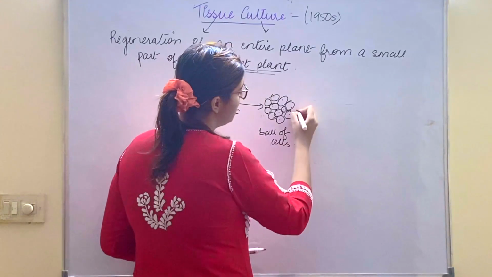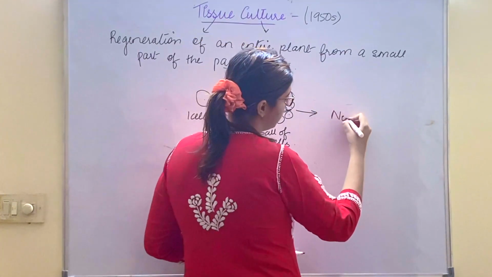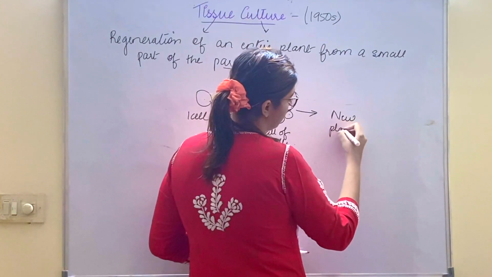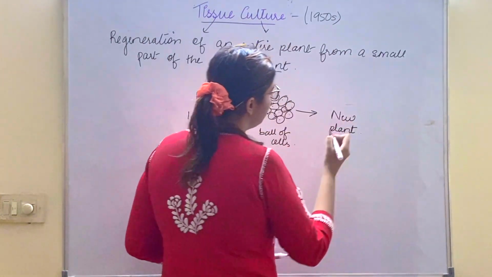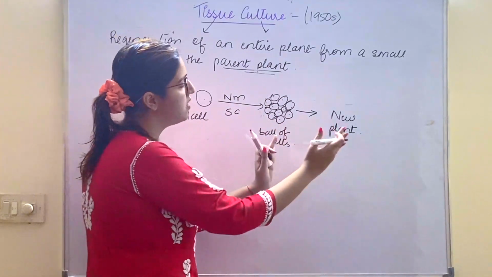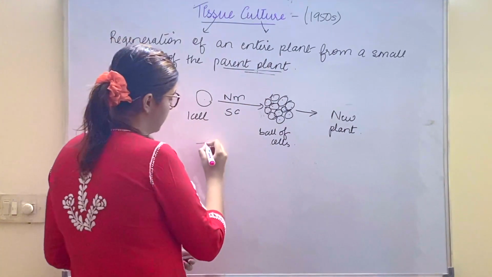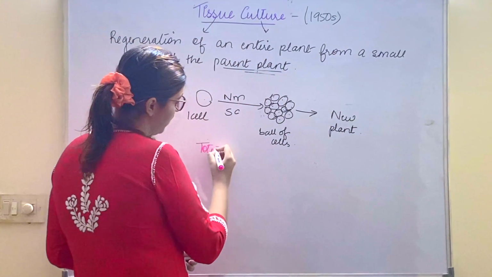This ball of cells is eventually going to form my new plant. This ability of one cell to divide into a ball of cells and form a new plant is called totipotency.